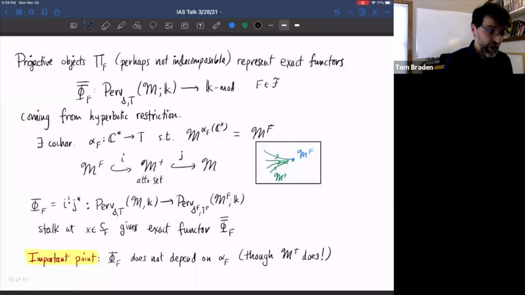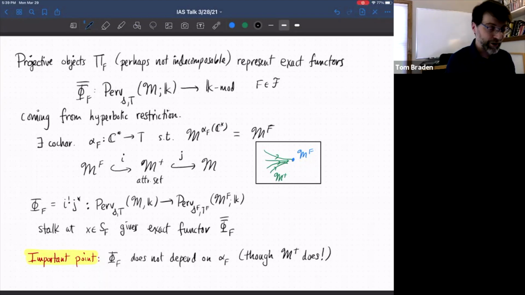Okay, so we have tilting objects, but in order to talk about Ringel duality, we also need projective objects. And the way we access the projective objects, again, they're topologically hard to understand, but we access them by constructing projectives that represent certain exact functors.